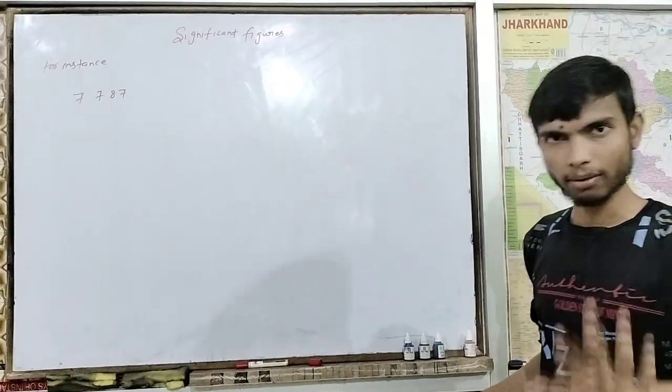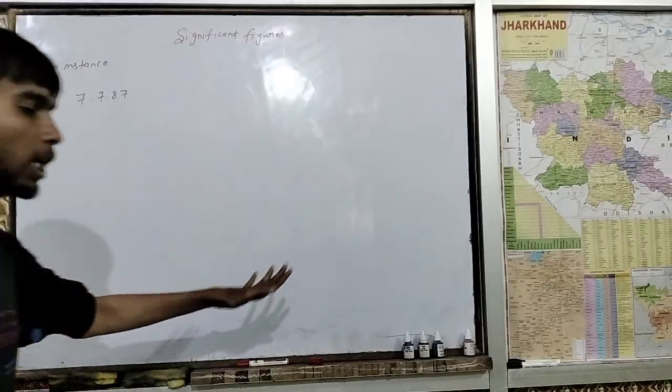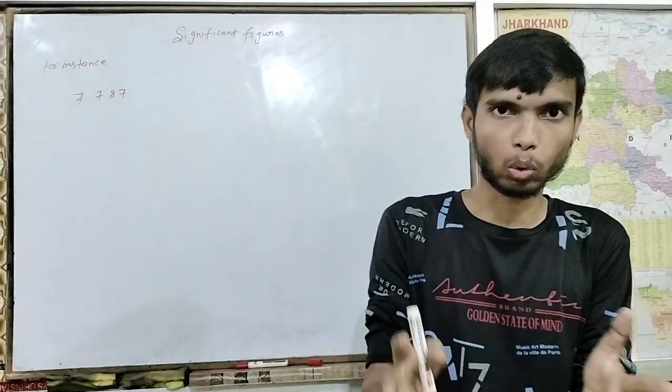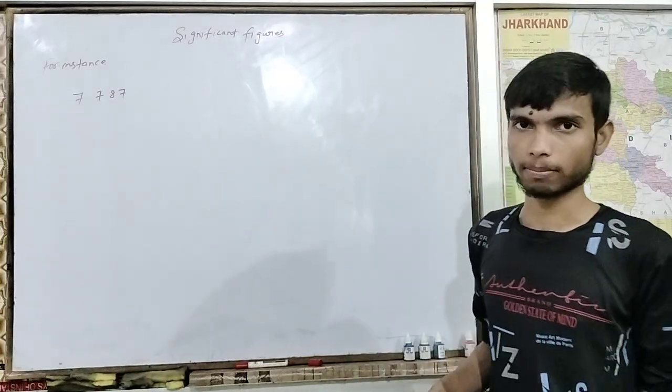There are some rules, and we are explaining them here. The first rule is that all non-zero digits will be counted as significant numbers.